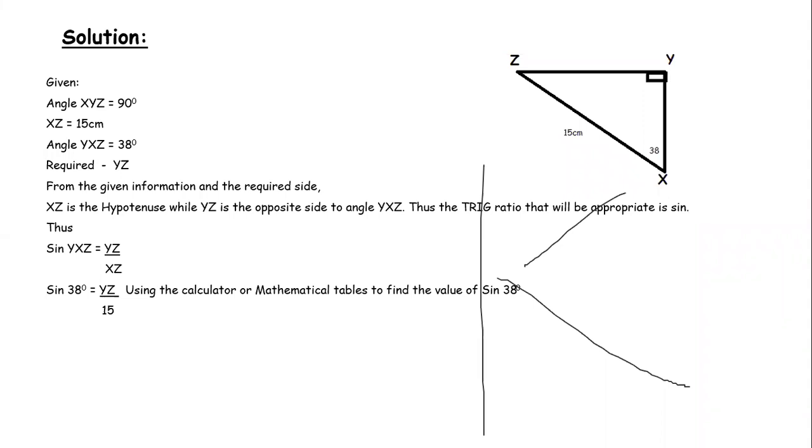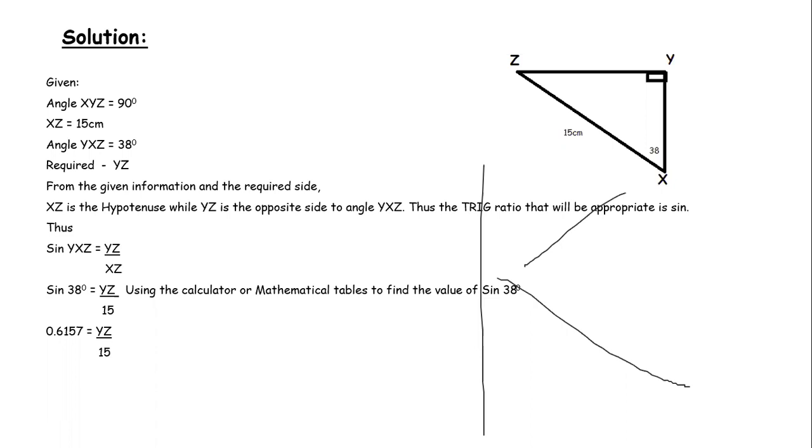Whichever one, it will give you the fact that sine 38 degrees is equal to 0.6157. So 0.6157 is equal to YZ over 15.